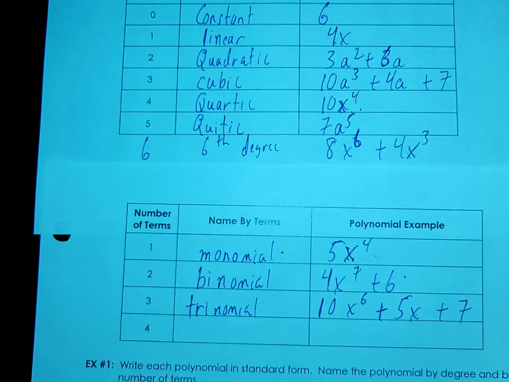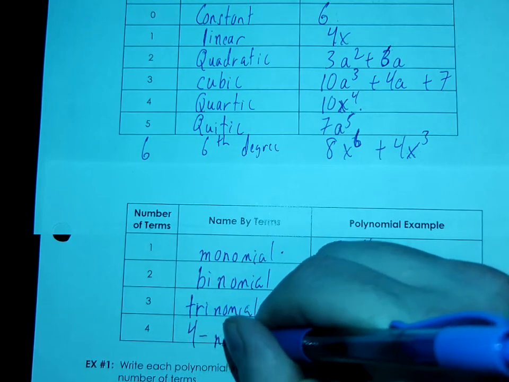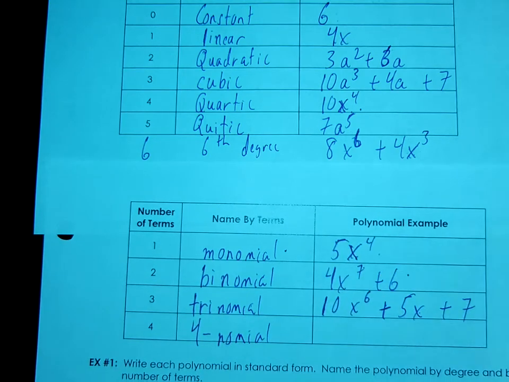No, it does not. So if it has more than 3, monomial, binomial, I guess we're going to put 4-nomial. Let me make sure and look that one up right here on the phone. So classify polynomials by terms.